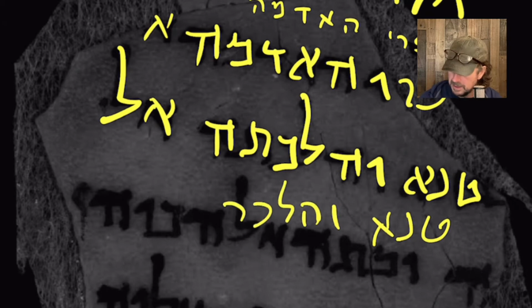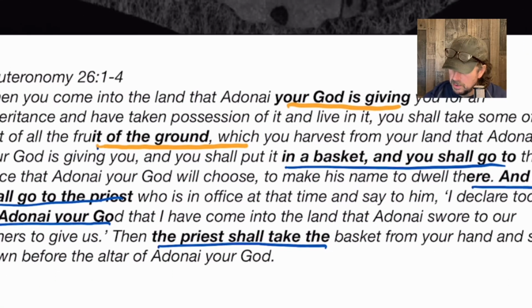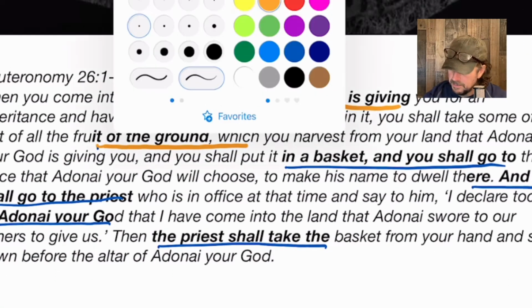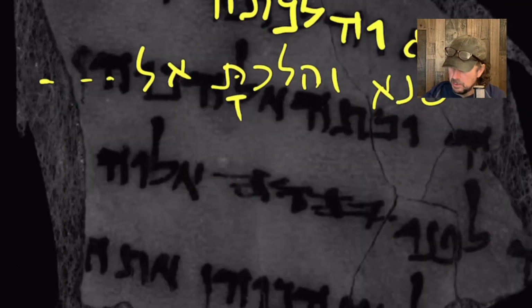But what we're going to see is that the Masoretic ends this way, vehalakta el, like this. And this corresponds to in a basket, and you shall go to the place. But what we're seeing is you shall go. In a basket, and you shall go.